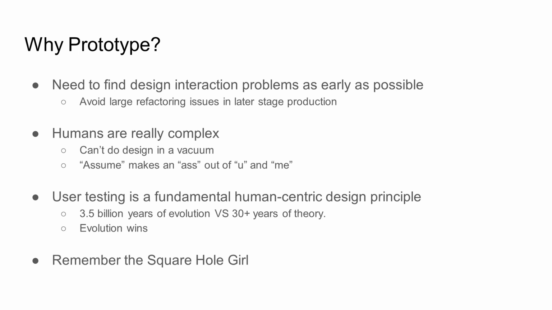What we're competing against is 3.5 billion years of evolution in terms of all the different cognitive subsystems and motor systems that have developed over that period of time, which eventually resulted in what we have in our brain right now. Essentially, what I'm saying is we don't know enough about human behavior to design interactions in a vacuum. We eventually need to test it with real people.